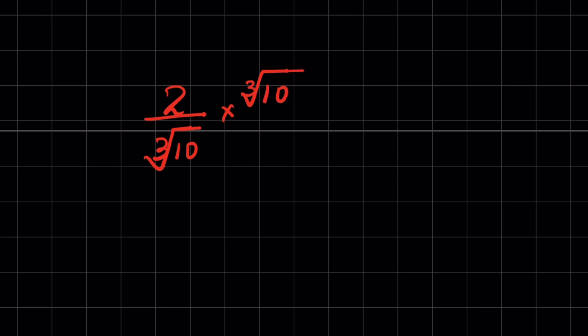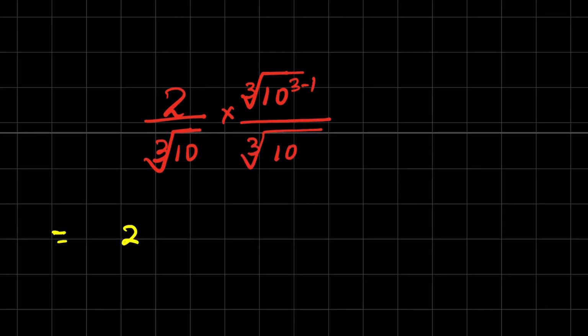Now here we have 2 upon cube root of 10. So for the third root of 10, we multiply and divide it by 10 raised to the power n minus 1, that is 3 minus 1, under cube root.